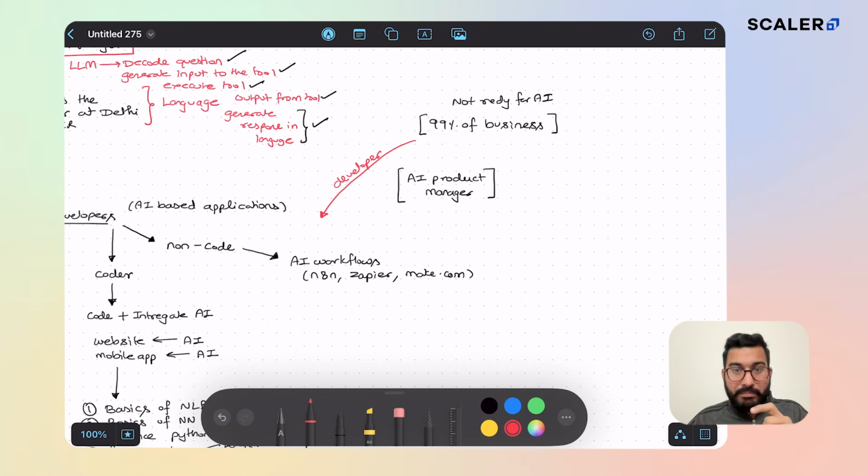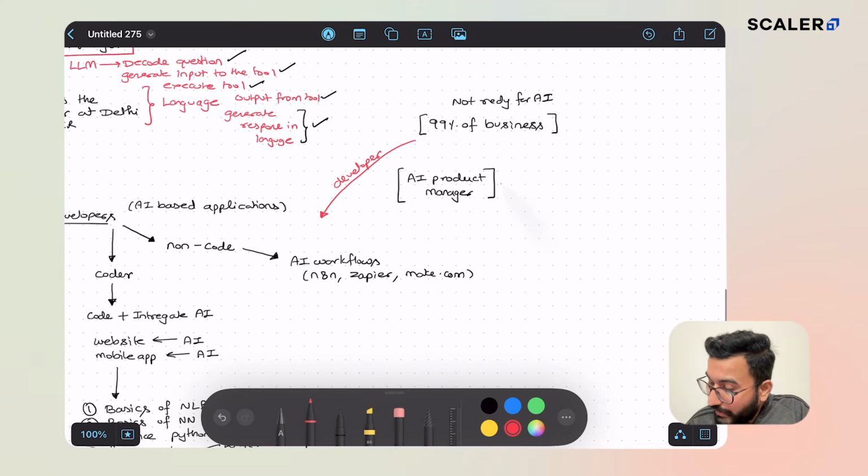So they need a person who is like a middle person, who is not only aware about the business operations but also aware about various technology aspects of AI, and what is happening in the sector of AI.